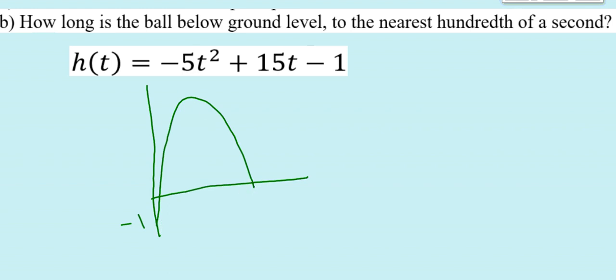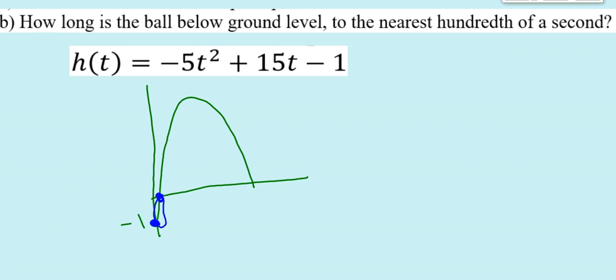So when it asks how long the ball is below ground level, it's asking how much time it takes for the ball to go from where it starts to right here, because the rest of its journey is above ground. Then it's up in the air, hits a maximum, and then hits the golf course somewhere here. So for this part, it's below ground, meaning 1 meter.